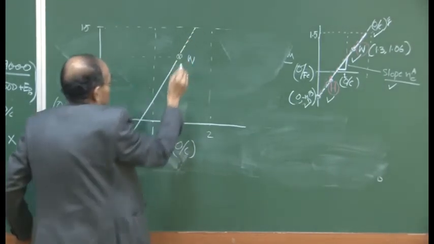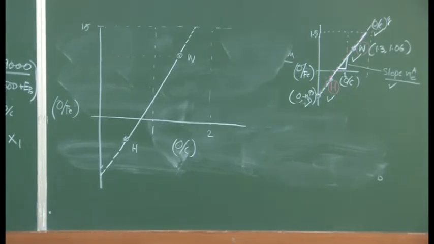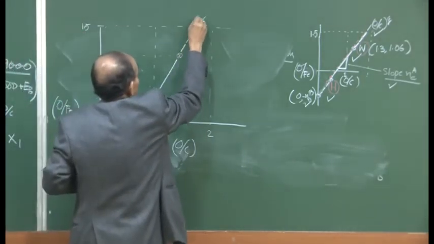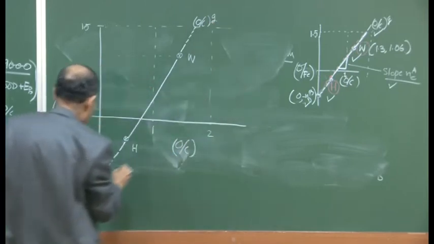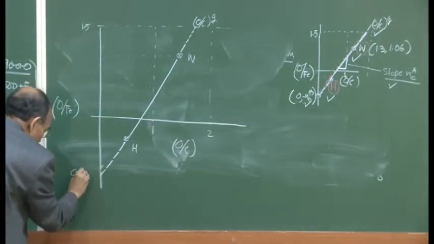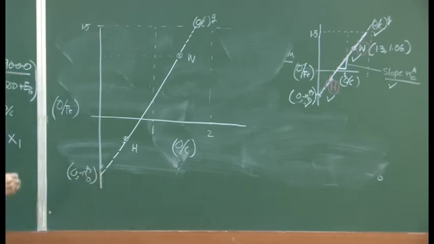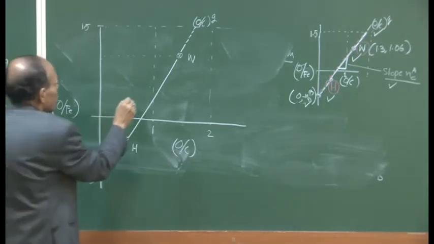I am still at idealized blast furnace operation, so that is why I have taken it to be 1.5. So, this gives me the top gas composition O by C gas, and this gives me the blast. And the slope is the Koch rate.